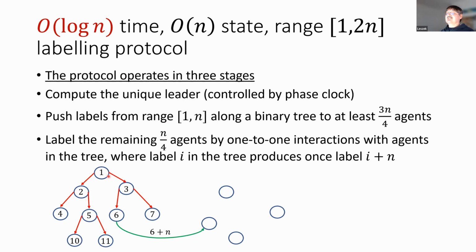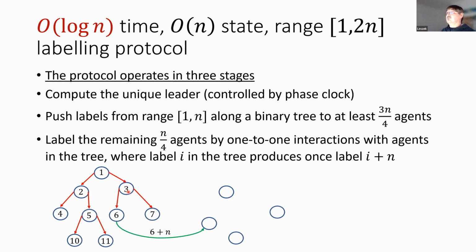What we do is sort of an expansion algorithm. We use this kind of tree: a leader placed in position 1, with label 1 on the top of this tree, gives a label to agent 2, and then also to agent 3. These give 2 labels each to other agents, and then those give 2 labels to further agents. We keep running this process for long enough, to the depth log n.